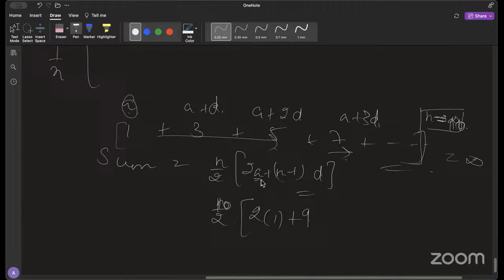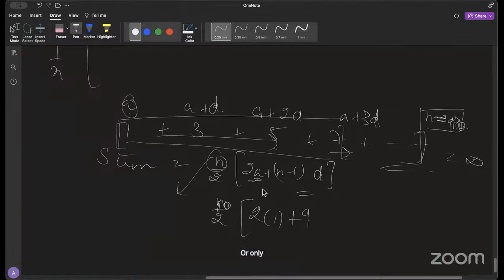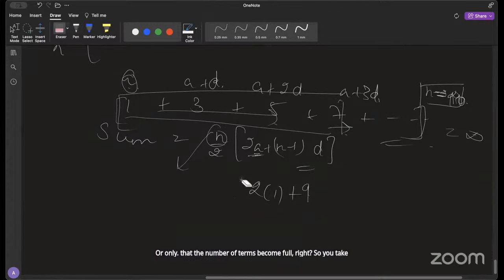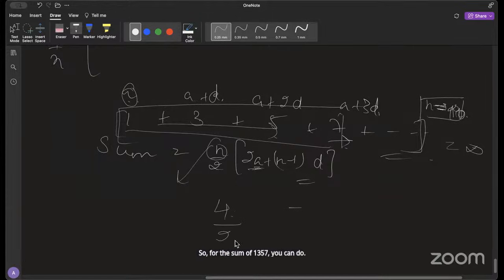If you want to add these 4 only, the number of terms becomes 4, right? So you take n equals 4 here. For the sum of 1, 3, 5, 7, n is 4. n is the number of terms.